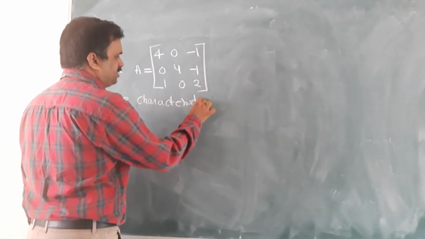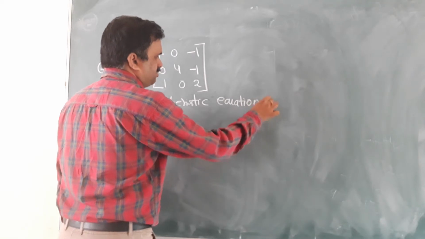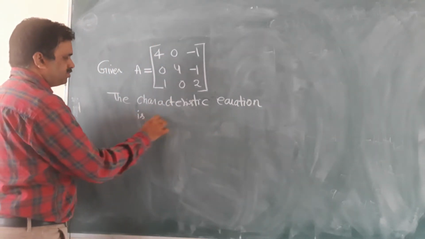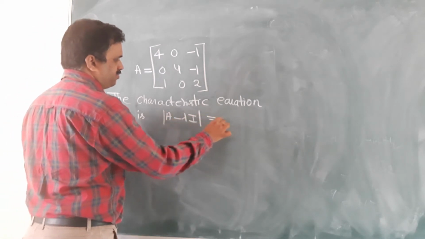The characteristic equation is determinant of A minus lambda I equal to 0.